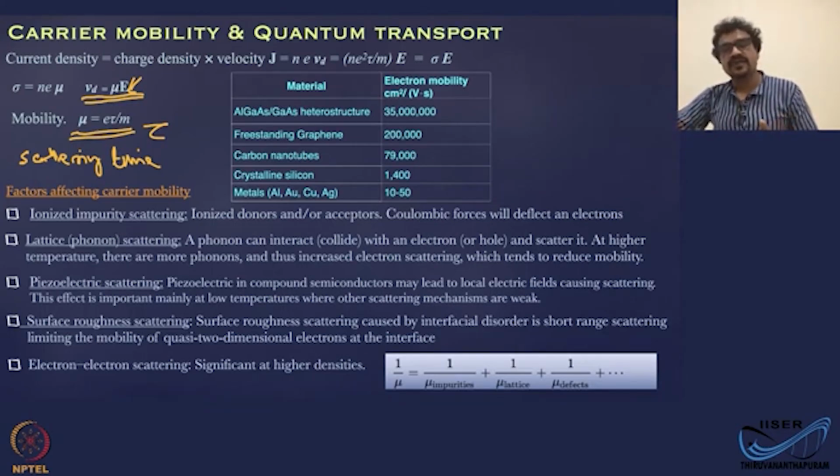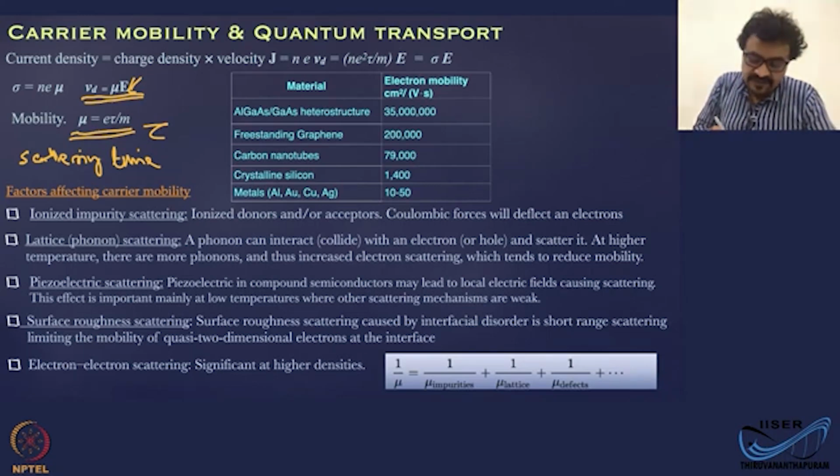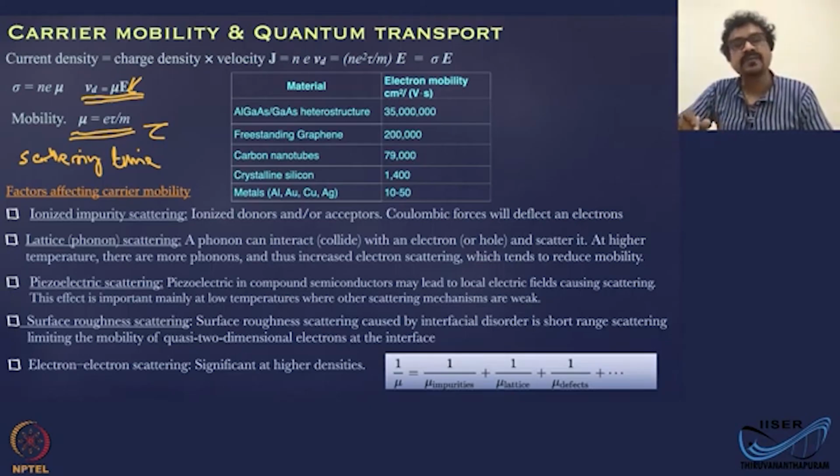So they are basically controlled by many of these scattering events. For example, there are various scattering mechanisms which affect the mobility. Here I have listed most of the common ones.